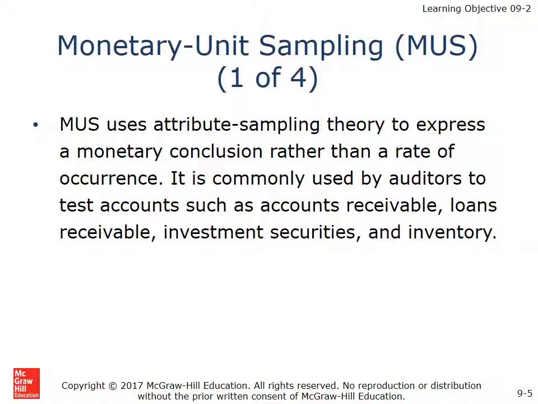The reason is that it expresses a monetary conclusion rather than a rate of occurrence. Last chapter it was rate of occurrence. Here we want to know a monetary conclusion. So it is our commonly used sampling technique to test accounts such as accounts receivable, loans receivable, investment securities, and inventory.